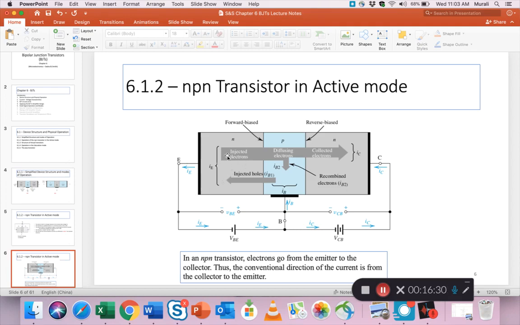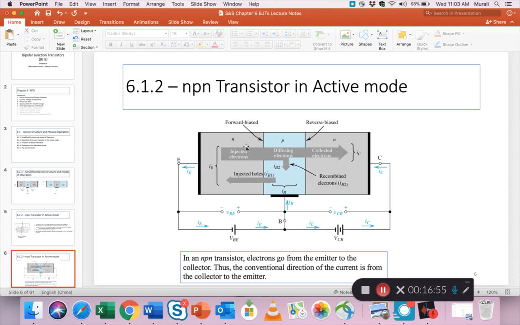Now, why do we say electrons travel from the emitter to the collector? As shown by this big block arrow, injected electrons from the emitter travel like this to the collector, and that is the main source of current inside the NPN transistor.